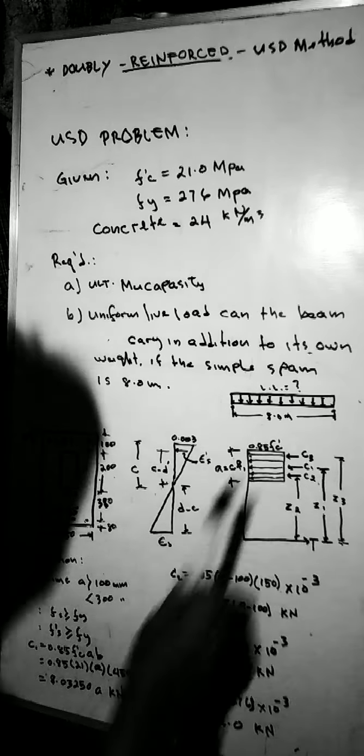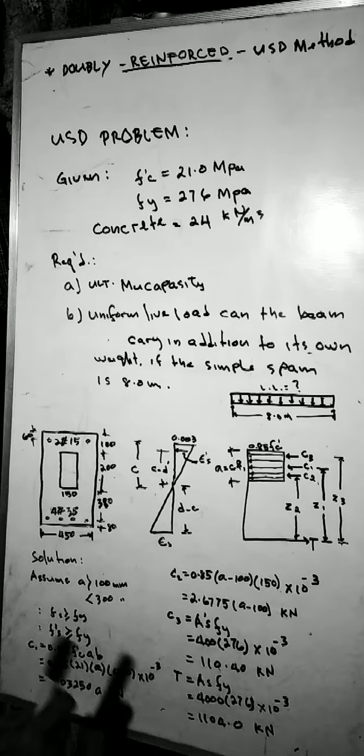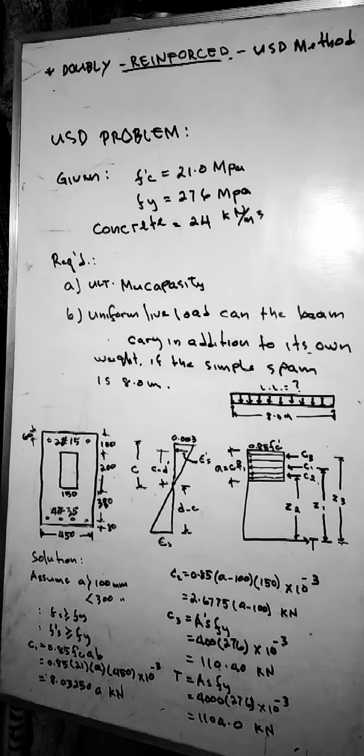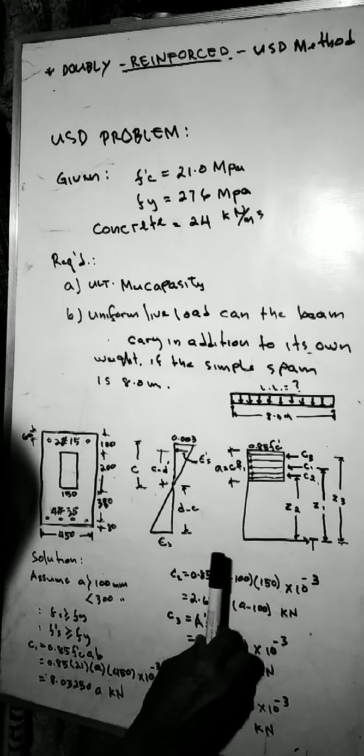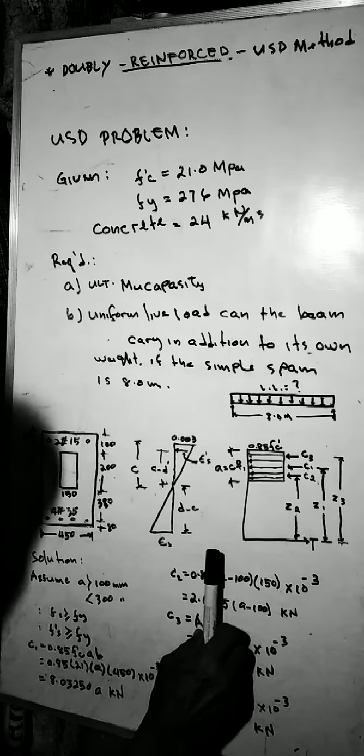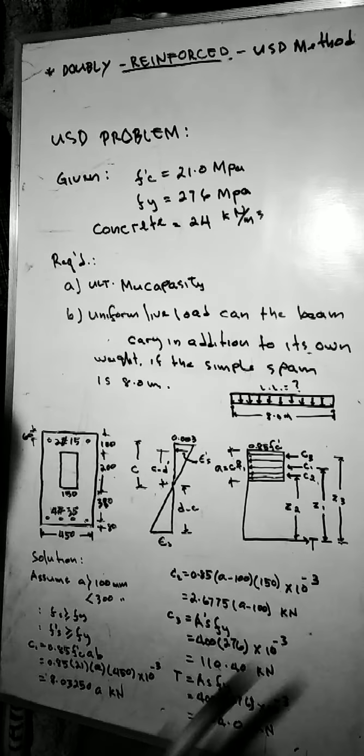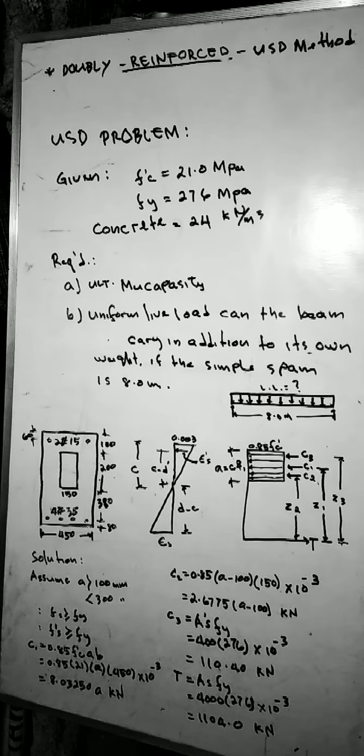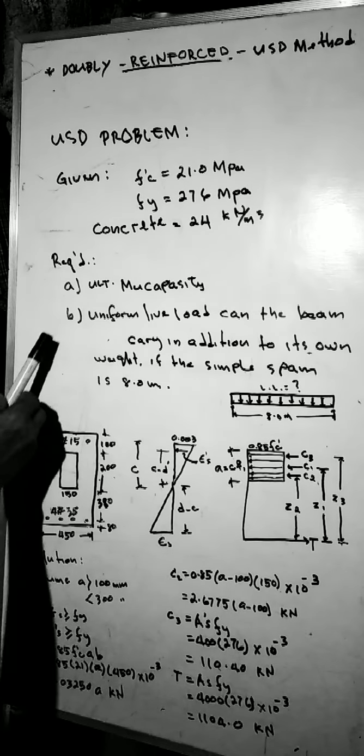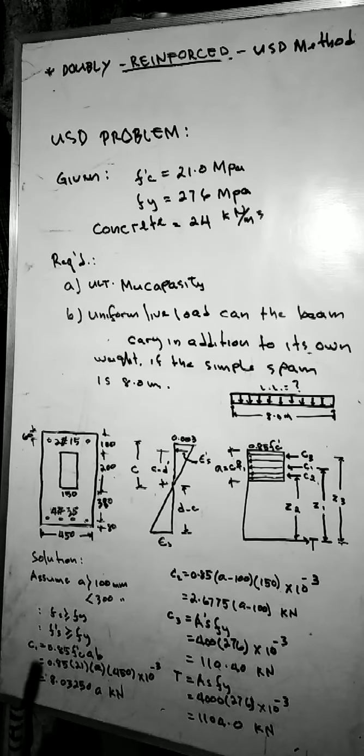And as we know from the previous videos, we have the strain diagram, and this is its stress block diagram. So we are going to solve letter A and B.